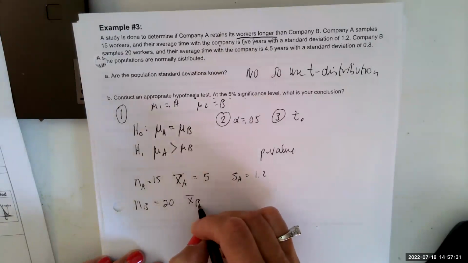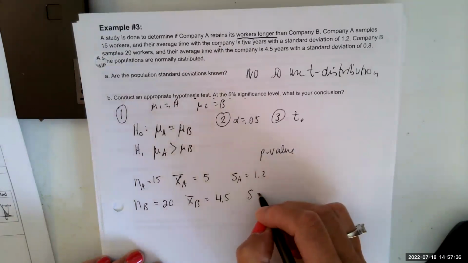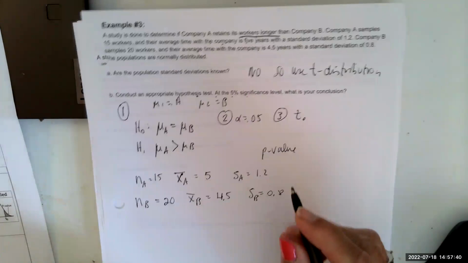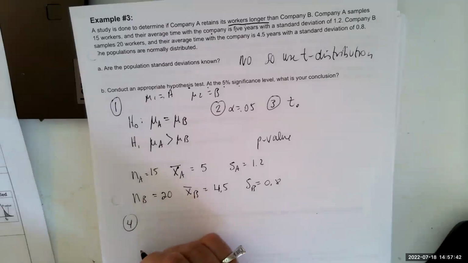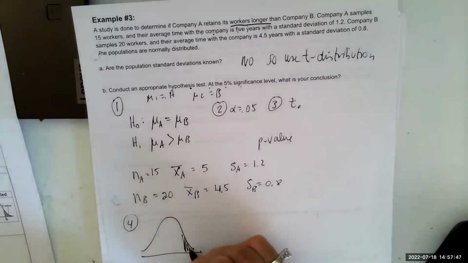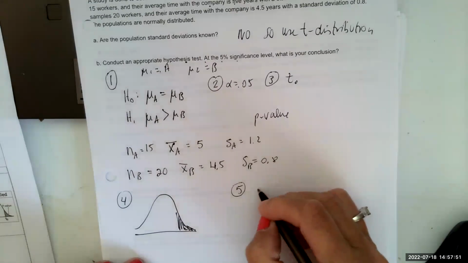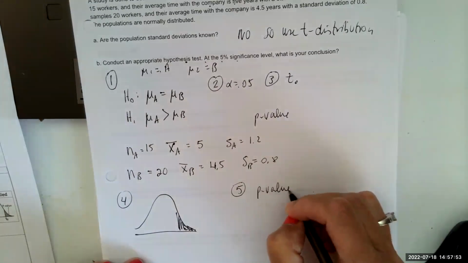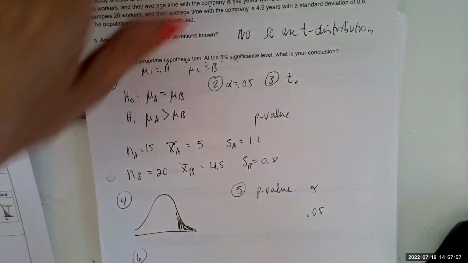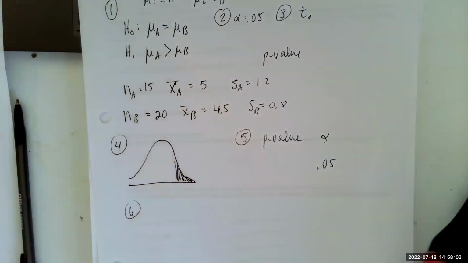The sample mean is 4.5, and the sample standard deviation of B is 0.8. Okay. And the picture we're going to draw is a greater than, so our p-value is going to be over here. We're going to compare our p-value to alpha, and then we're going to draw a conclusion. So let's go enter this data into Desmos.